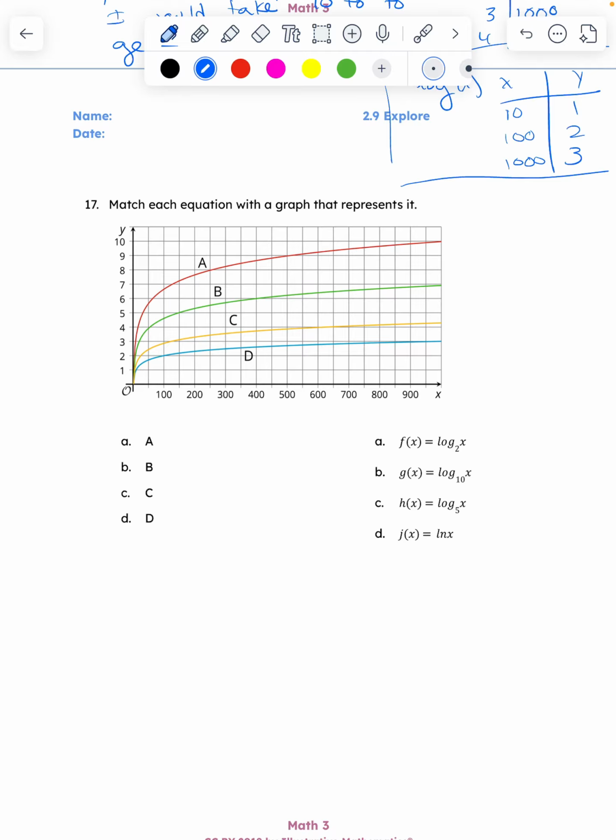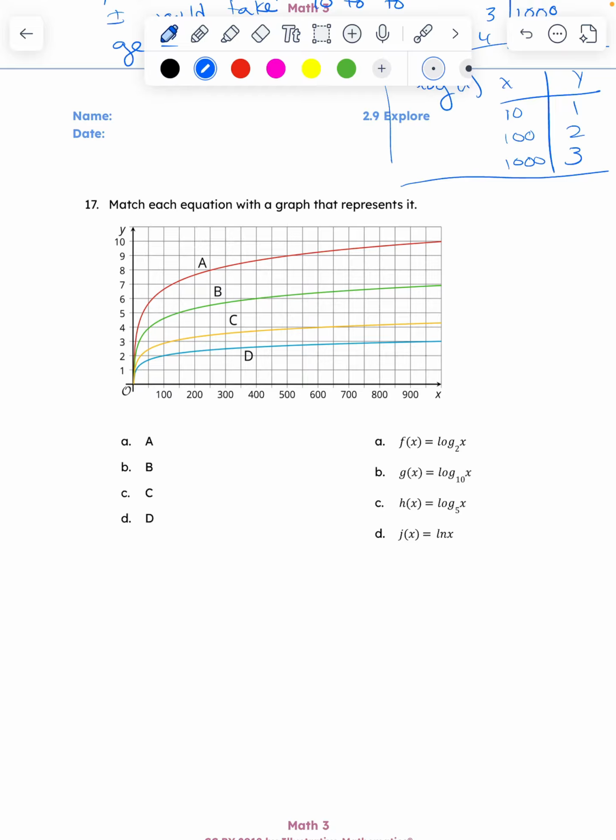So I want to match up which of these are going to be steeper than others. And one way, because exponentials are so much easier for me to imagine, is to rewrite these as exponential functions and then imagine this whole graph on its side.